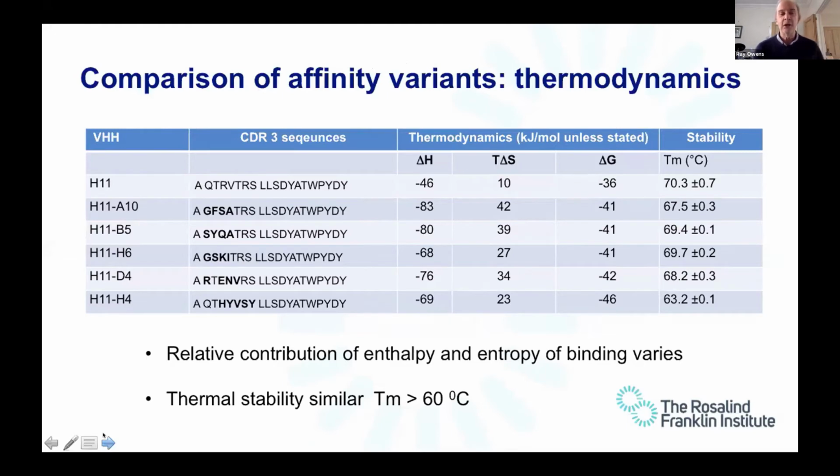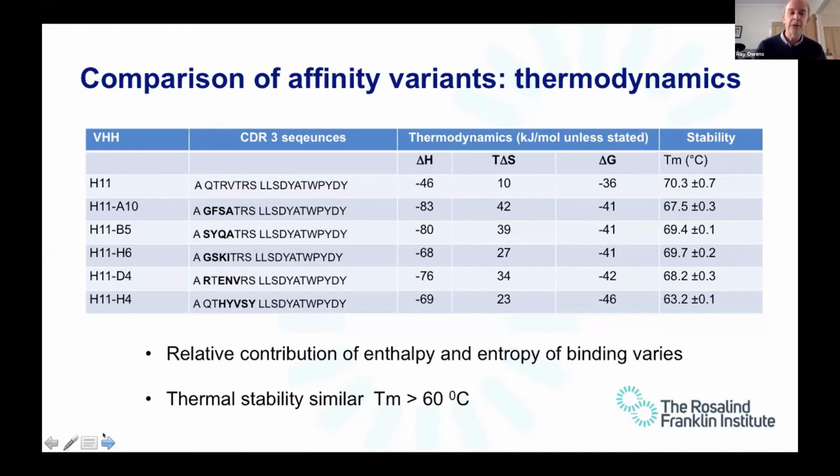I haven't got time to go into great detail, but if you look at the delta H and delta S, the enthalpy and entropy contributions to that interaction, you can see that's quite variable. The H11 enthalpy is quite low compared to the other series, so that may account for some of the weaker interactions. But there's clearly an offset here between entropy and enthalpy and the penalties therewith.